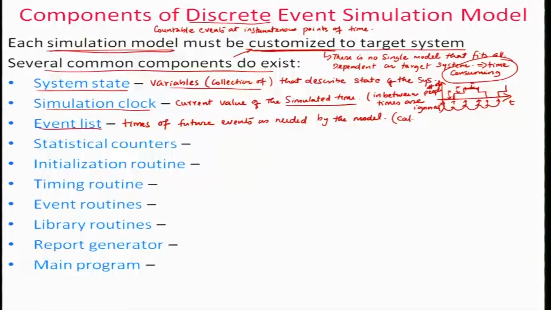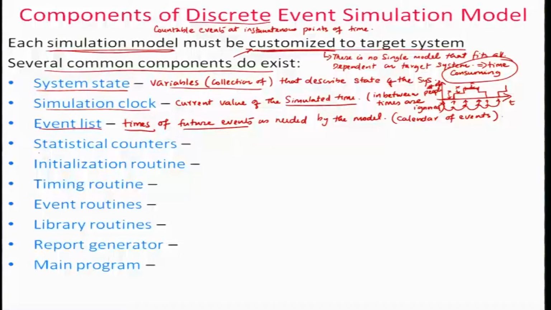Some people call it a calendar of events. What are the events that are going to happen in future and when are they going to happen? The future events and their times put together in a tabular form or a list form or a calendar format is what we typically call an event list. And as the simulation clock jumps from one event to another, the event gets pulled out of the event list and the new event gets updated. Okay. So, that is the event list.